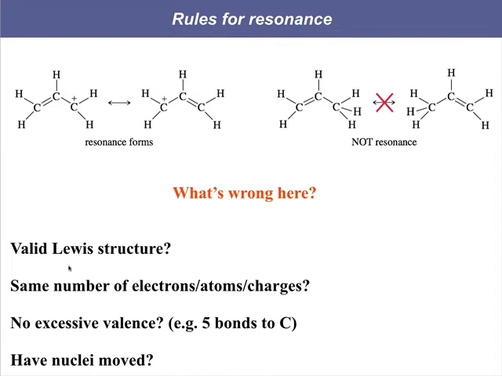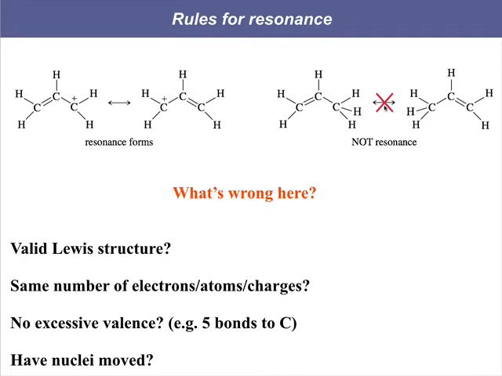Okay. Do we have the same number of electrons, same number of atoms, and same number of charges? Yes, we do. We've got 1, 2, 3, 4, 5 hydrogens in both cases, three carbons in both cases, one positive charge. If you count up all the bonds, we have the same number of bonds. The same is true over here.